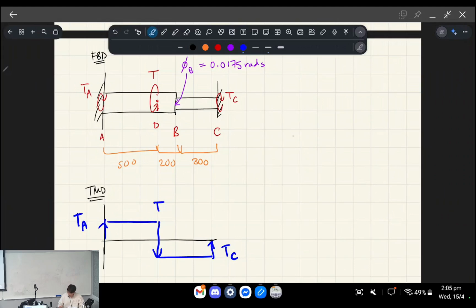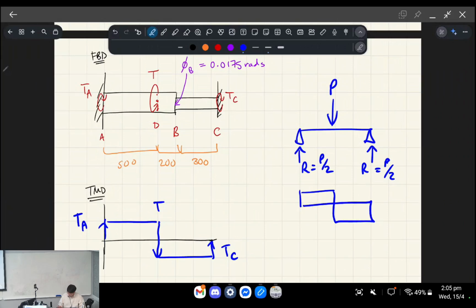It's like, imagine you had a point load in the middle of two supports. These reactions have to be balanced, such that the shear force looks like that. I'll give you another example.